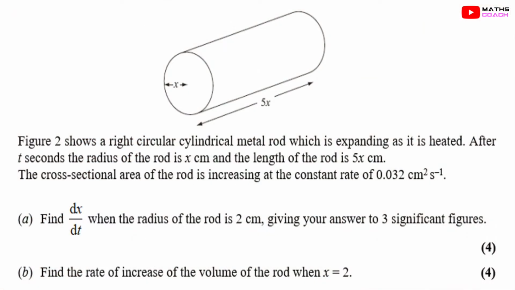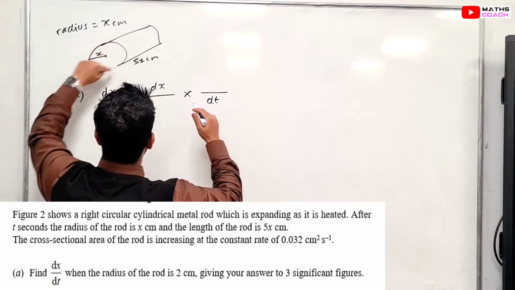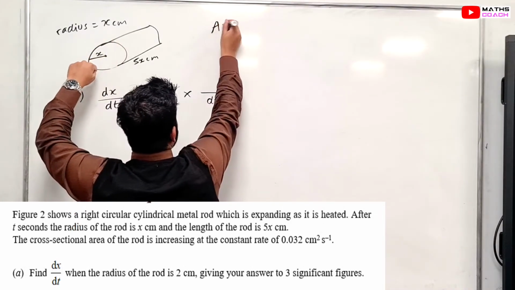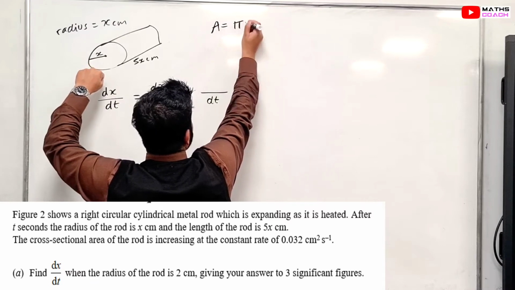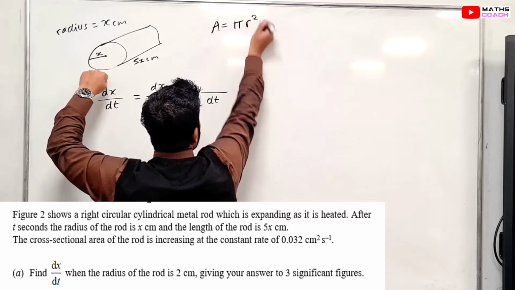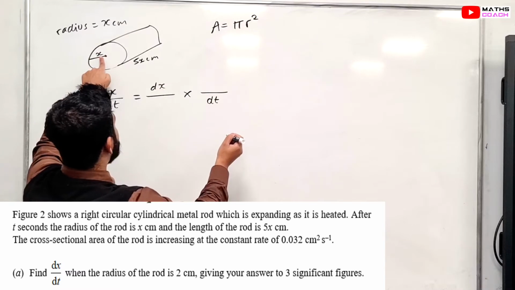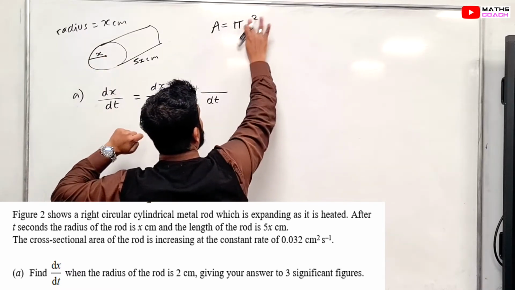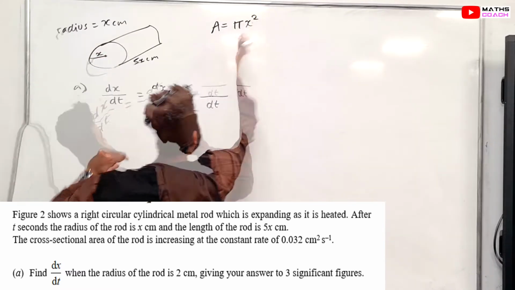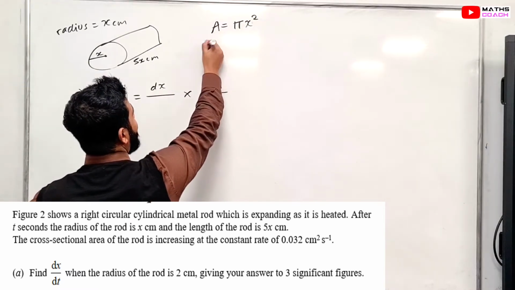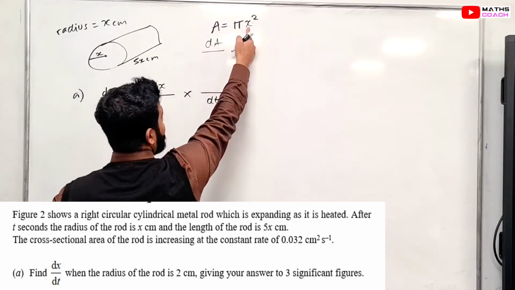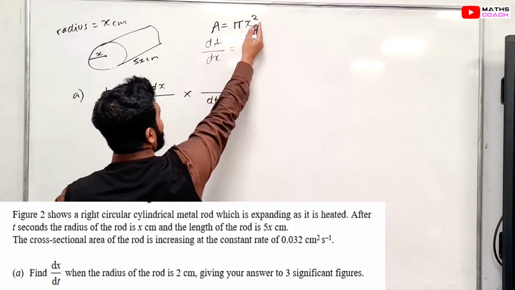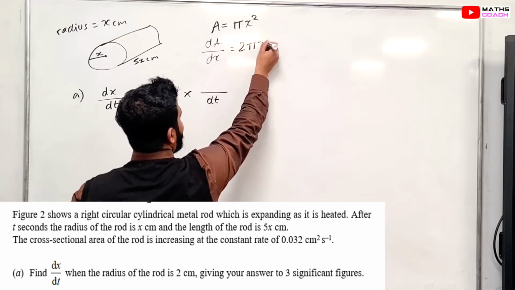Let's see what we have. It says the cross-sectional area of the rod is increasing. So the cross-sectional area, which is a circle, is A equals pi r squared. But for r, they are using x, so we don't want an r here, we want an x squared. When we differentiate with respect to x, we have dA over dx equals 2 pi x.